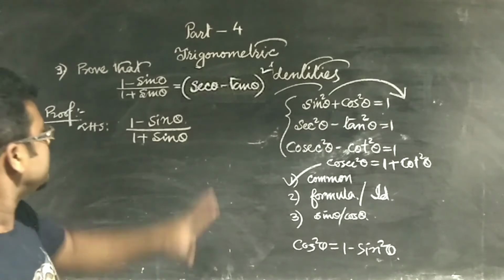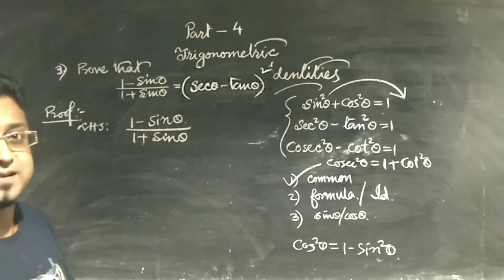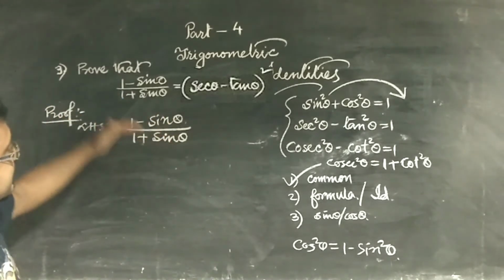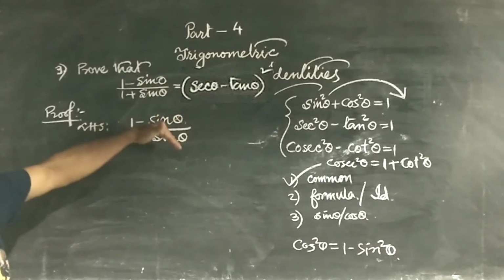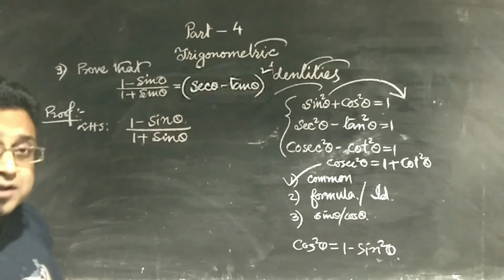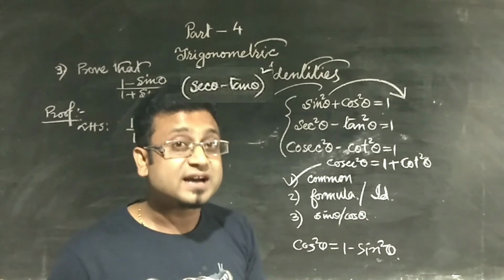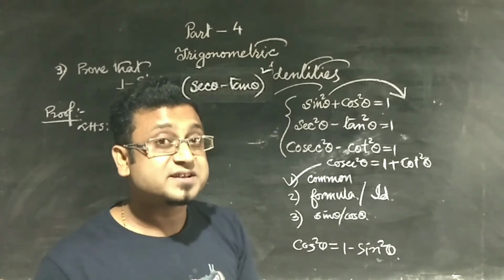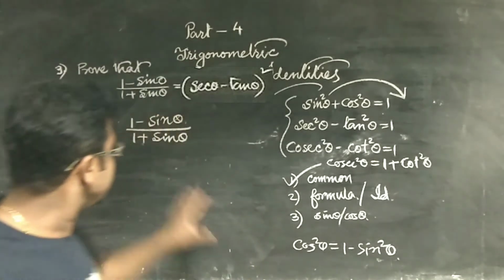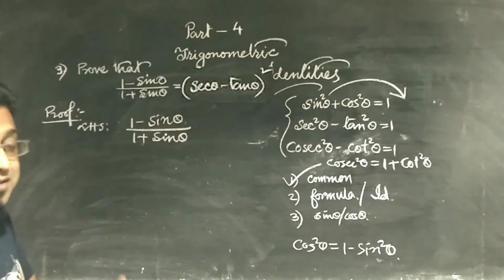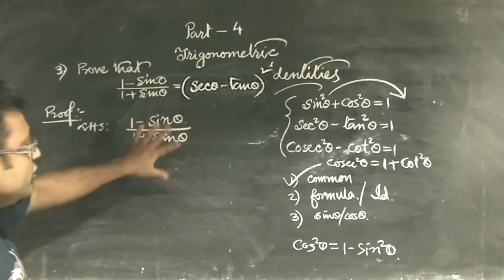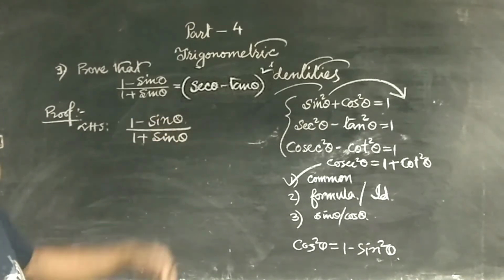Now first step, you just take the left hand side, and whenever you get this type of thing like 1 minus something, 1 plus something, then always try to apply the rules that you have done in class 9 for rationalization. Here we cannot use the term rationalize because no irrational number is there that I am converting to rational.